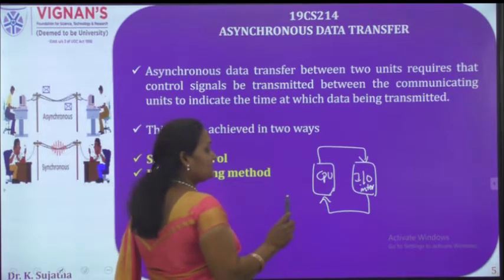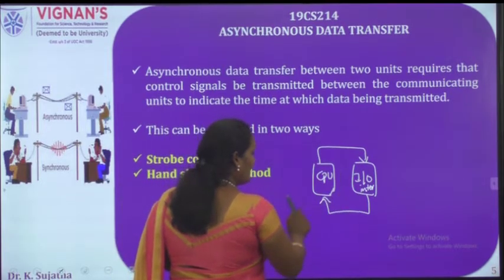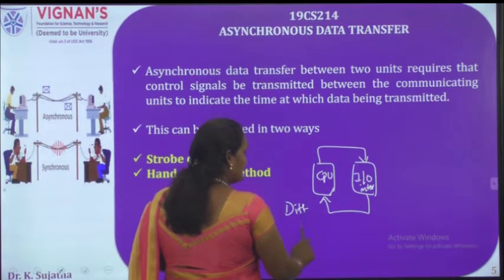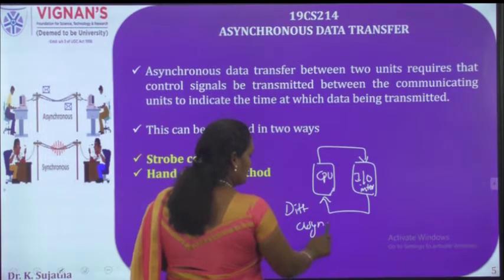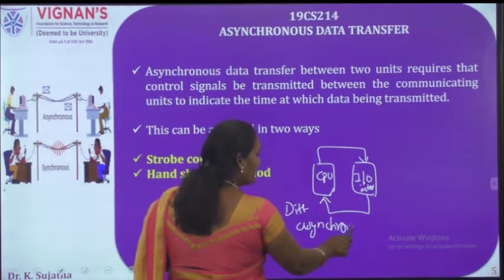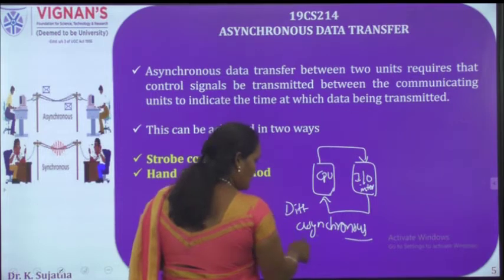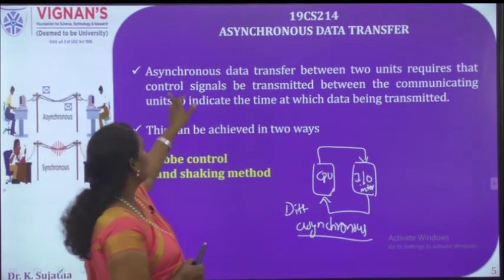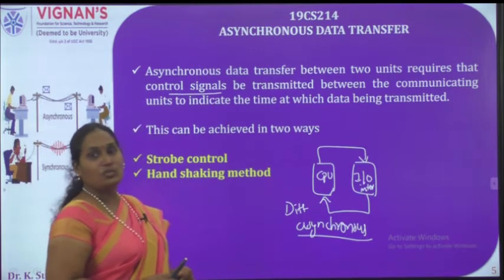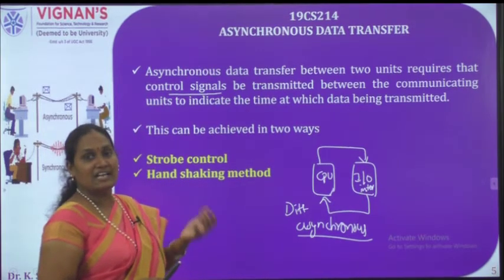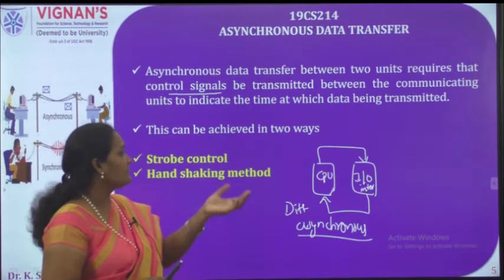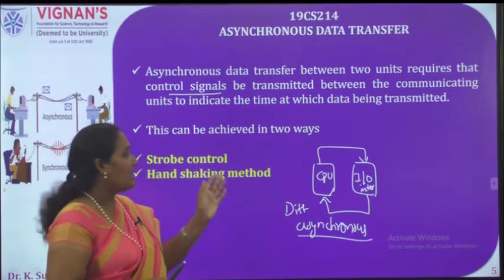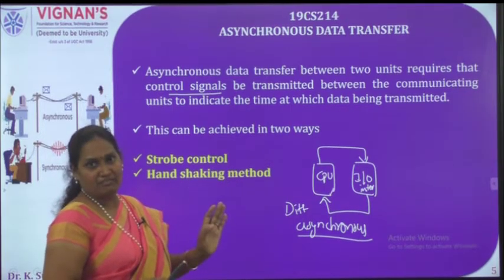Since these two are having different clocks, there is an asynchronous communication. So, for making the successful communication between the registers, there should be some control signals to indicate the time at which the data is transmitted from I/O interface to CPU or from CPU to I/O interface.